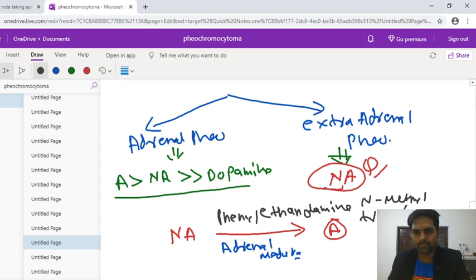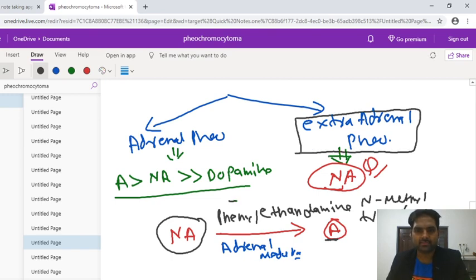This enzyme is exclusively found in the adrenal medulla, so the conversion of noradrenaline into adrenaline will occur only in the adrenal medulla. In extra-adrenal pheochromocytoma, as this enzyme is not present, this conversion will not occur. As the conversion will not occur, the level of noradrenaline will increase in extra-adrenal pheochromocytoma.